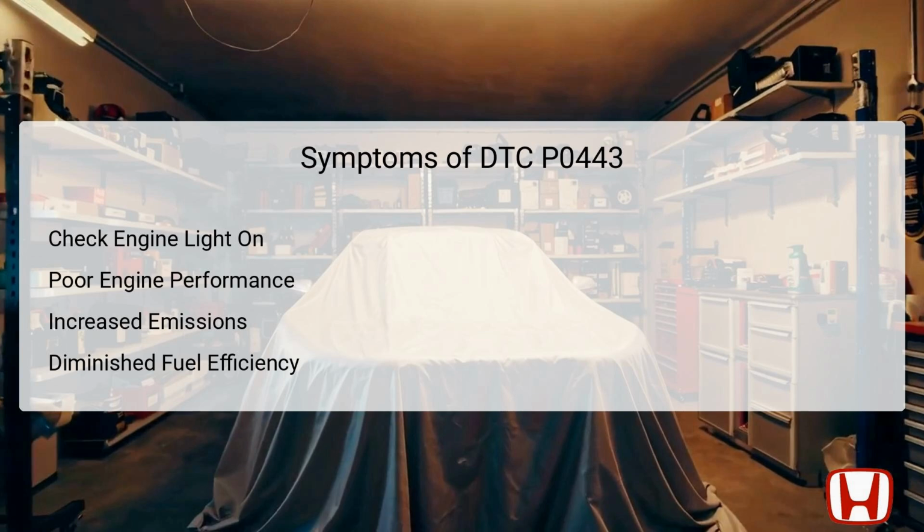Increased vehicle emissions are a significant concern as well. A malfunctioning purge valve can push unregulated vapors into the atmosphere when they would otherwise be contained. Lastly, drivers might observe diminished fuel efficiency, as the engine could be inefficiently using fuel vapor, thereby leading to higher consumption and costs. These symptoms collectively serve as critical indicators for technicians to investigate the integrity of the EVAP system.